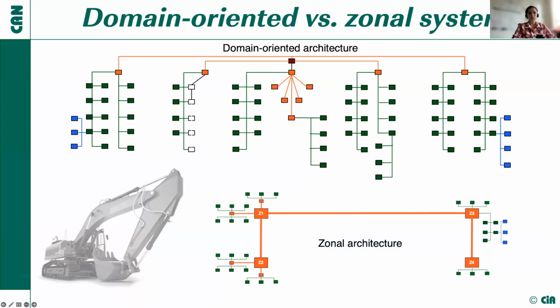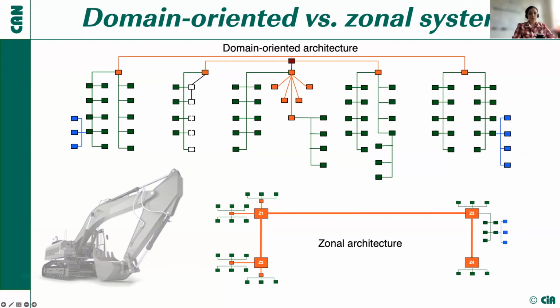Gathering these units in a vehicle caused chaotic network architectures. So there was a new approach at that time. The name was domain-oriented system.